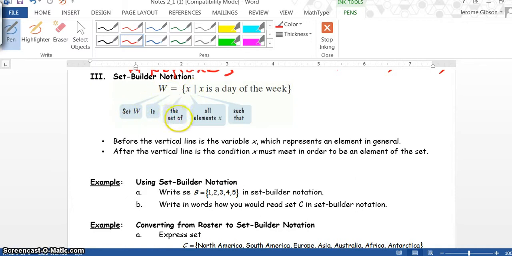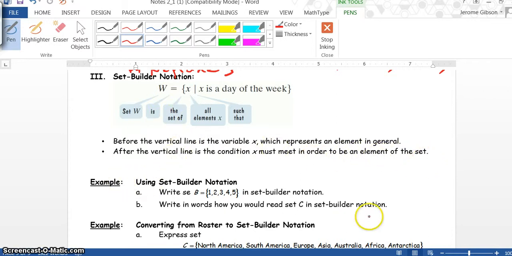This X means the set of, and then also it means all elements X. And this line here means such that X is a day of the week. Before the vertical line is the variable X, which represents an element in general. After the vertical line is the condition X must meet in order to be an element of the set.